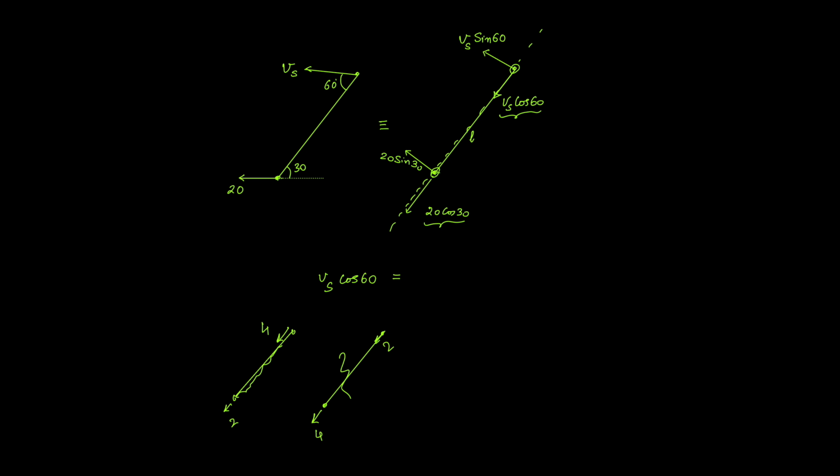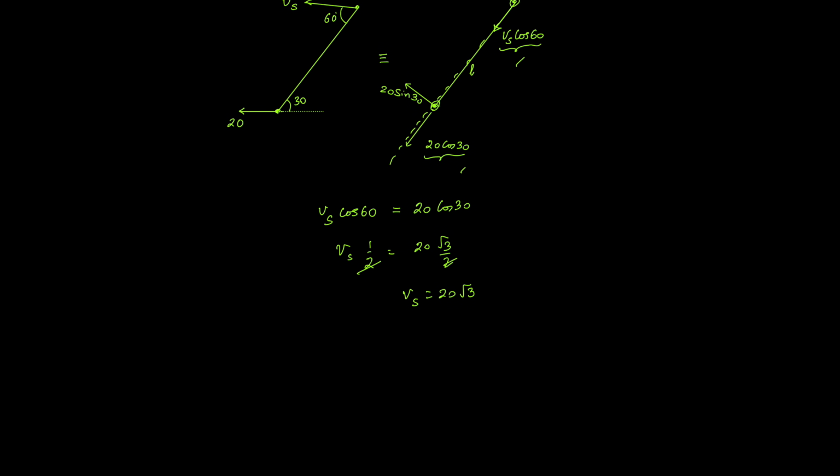So if it is not slacking and not breaking, then the two ends must have the same velocity along the length of the rope. So Vs cos 60 should be equal to 20 cos 30. Vs cos 60 is half, 20 cos 30 is root 3 by 2. So this will give Vs. So this is the first part of the question.